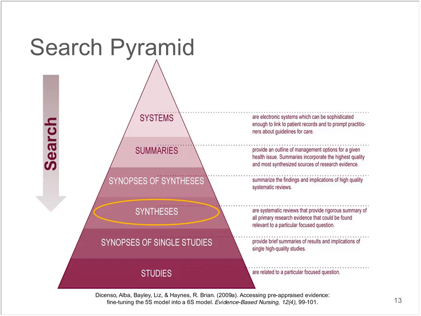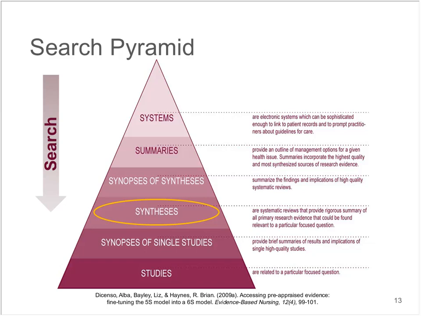So when we look at this pyramid, we're really talking about joining the pyramid or looking first for evidence at that summaries level. Summaries level evidence is really best practice guidelines, which is a combination of the best available research evidence paired with expert opinion and consensus, and bringing that all together. Then we move down to synopses of syntheses, which are short summaries of a systematic review.